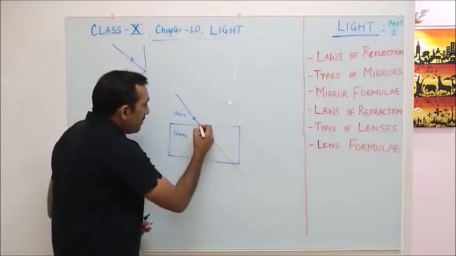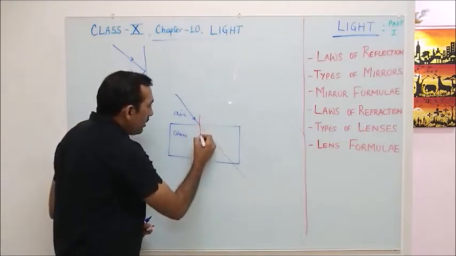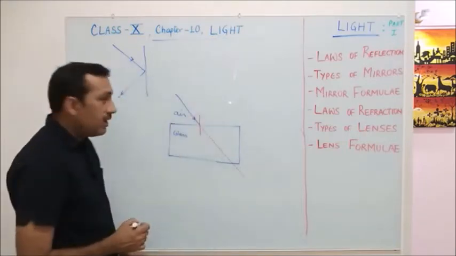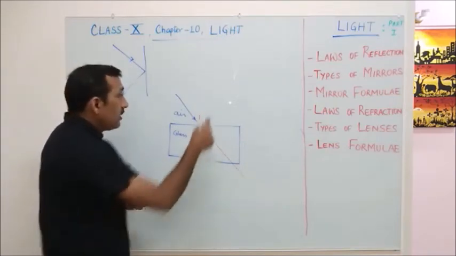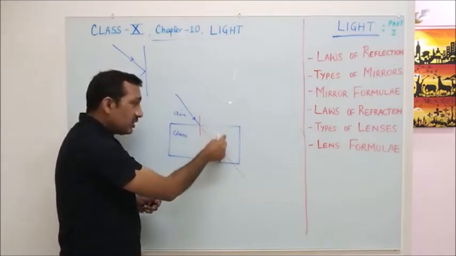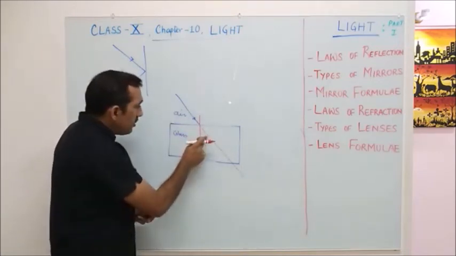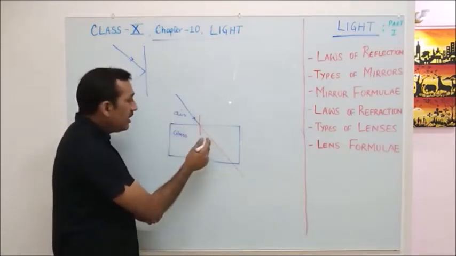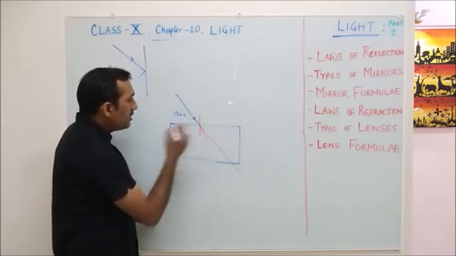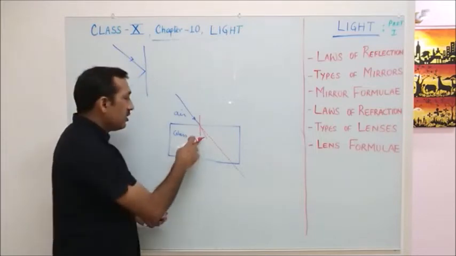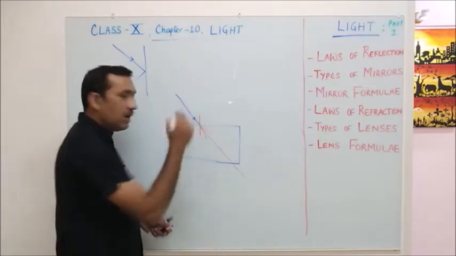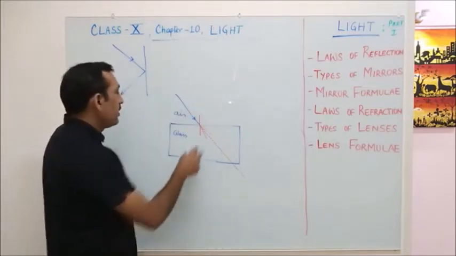But what is happening at the point of contact, if I make a normal, based on if this density is high or this density is high, this ray which is going inside will either bend towards the normal or away from the normal.